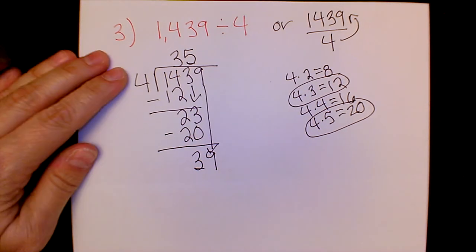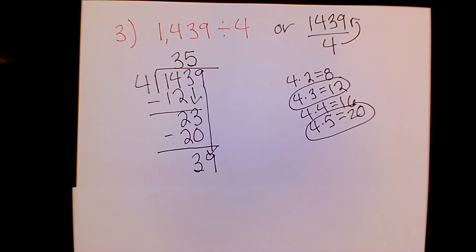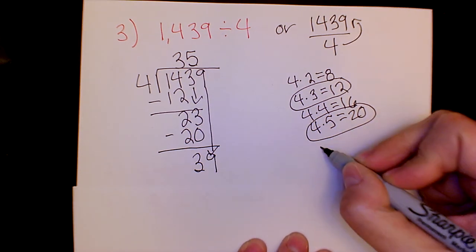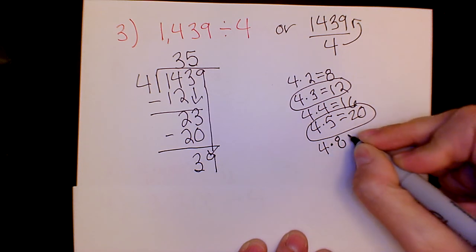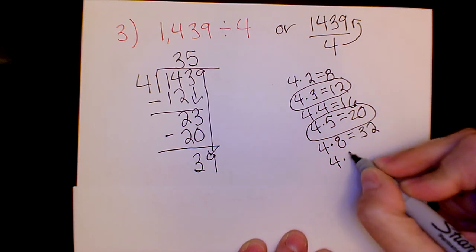Does 4 go into 39? Let's see. I know 4 times 5 is 20. Let's see, 8. It's 32.